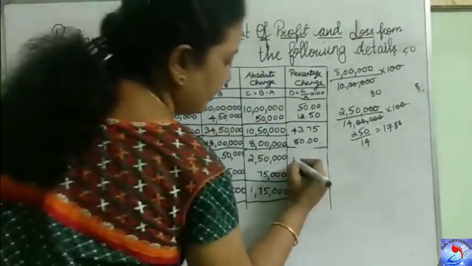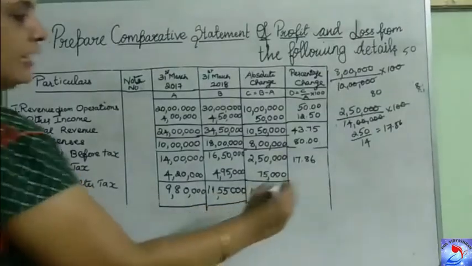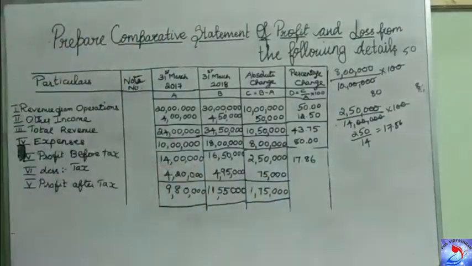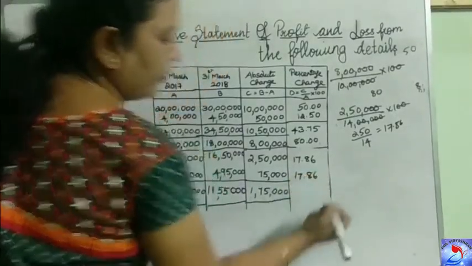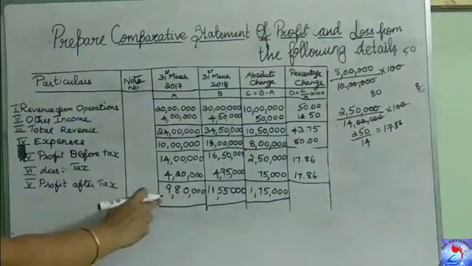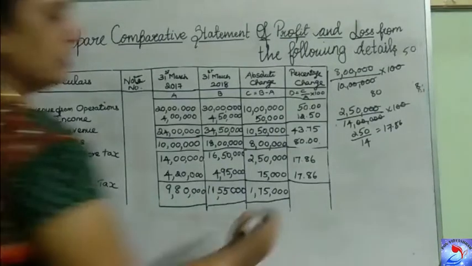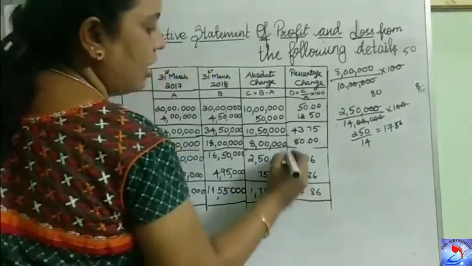Likewise, 75,000 divided by 4,20,000 also gives 17.86. Likewise, 1,75,000 by 9,80,000 also gives 17.86 as the answer.